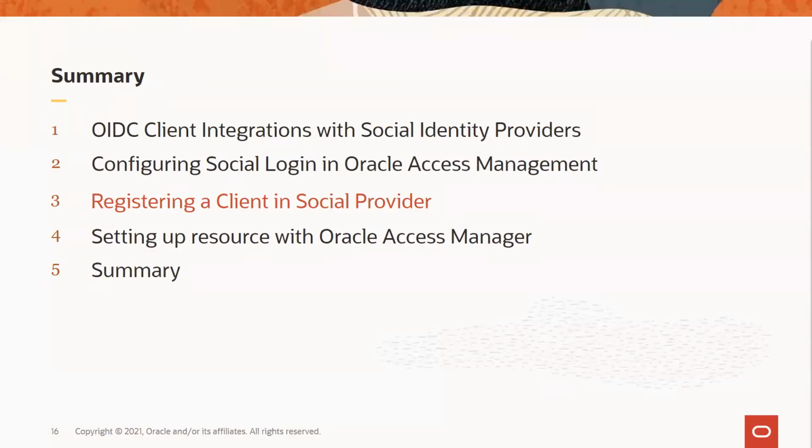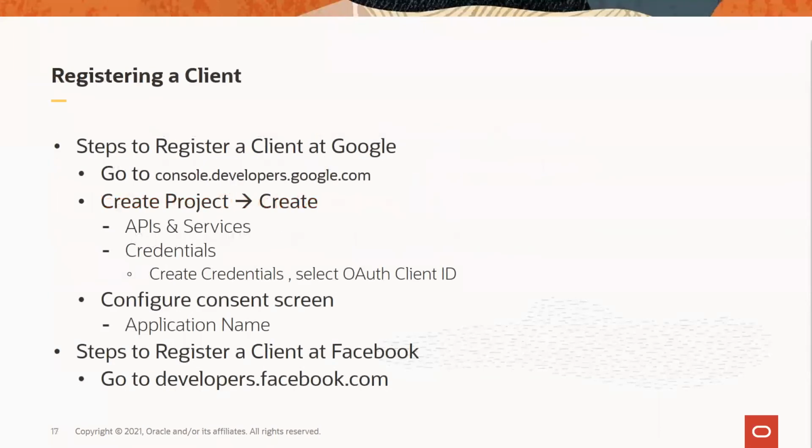Let's look into how this is done. Basically, how do you register a client at this IDP or social provider? These are the steps in terms of Google: you go to project, create, APIs and services, credentials, you create credentials with the OAuth client ID, you give a name.